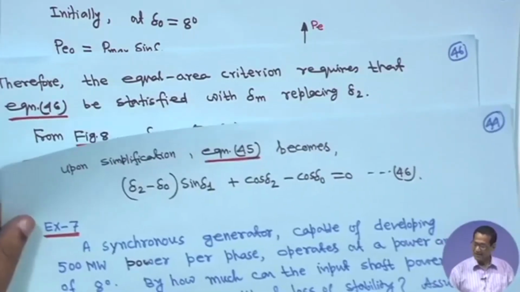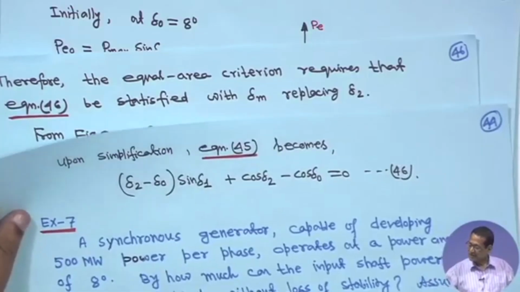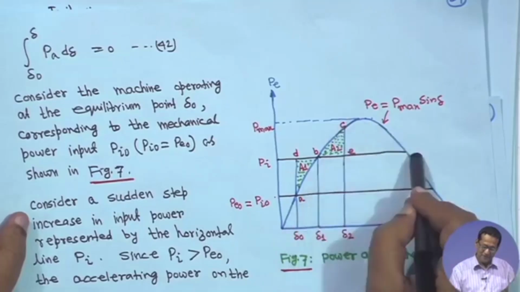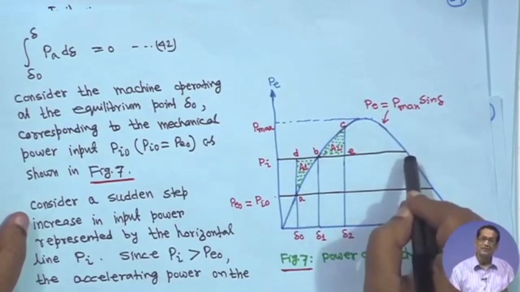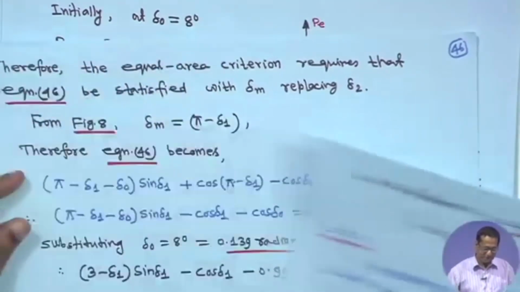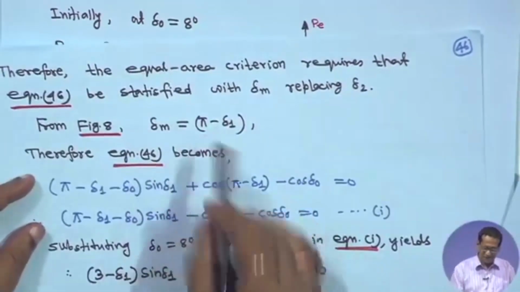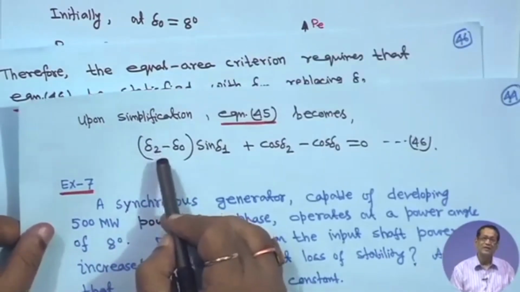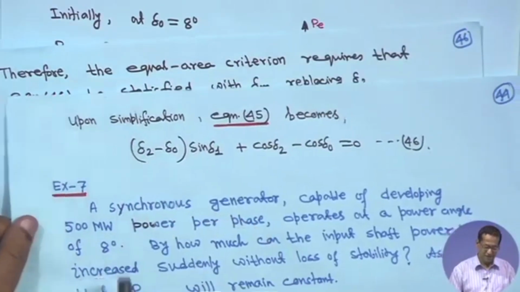Basically, here we have gone up to delta 2, but it can come up to this delta m. So, delta 2 is equal to delta m. In this equation, delta 2 is equal to delta m, equal to pi minus delta 1.